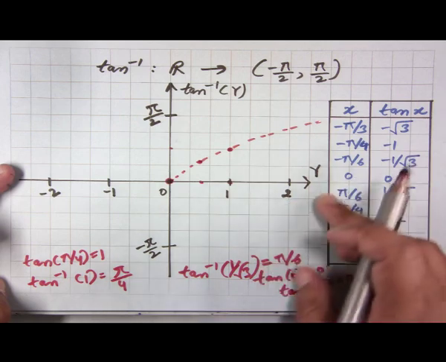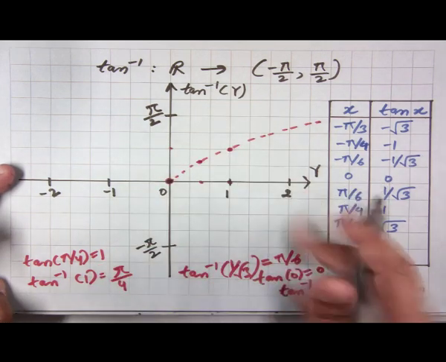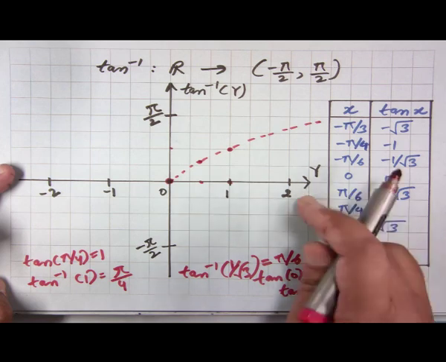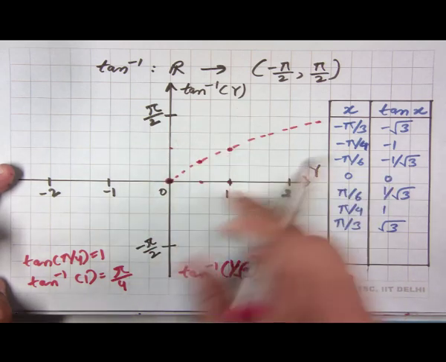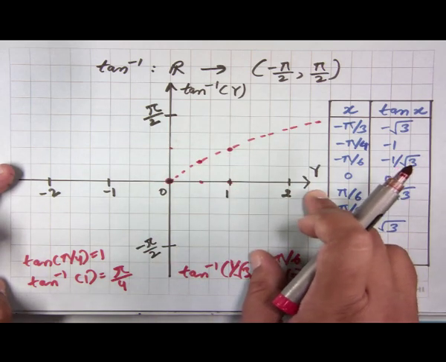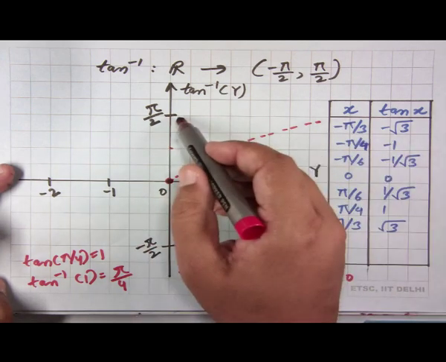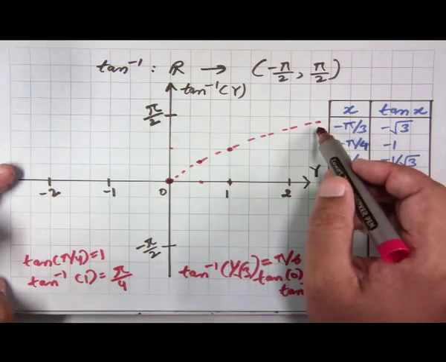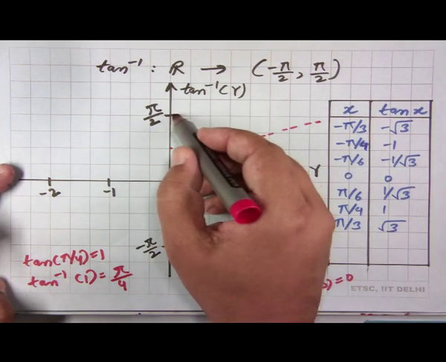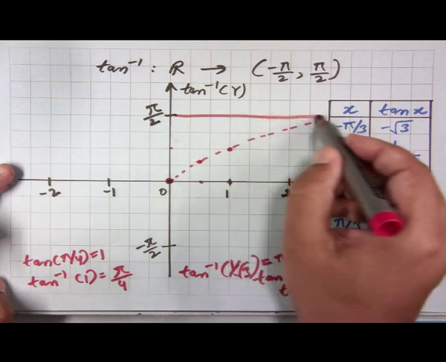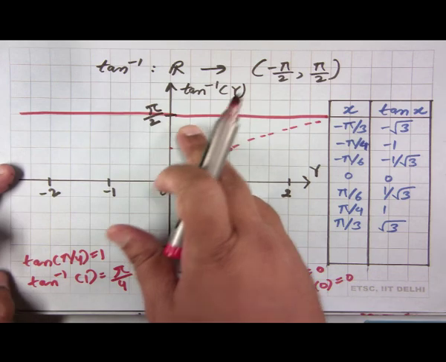But note that as the value of y goes to infinity, as it becomes larger and larger, for the positive values of y, tan inverse y will go to pi by 2, but it will never be equal to pi by 2. It will converge. As you can see, this graph is going towards the line corresponding to the value on the vertical axis equal to pi by 2.